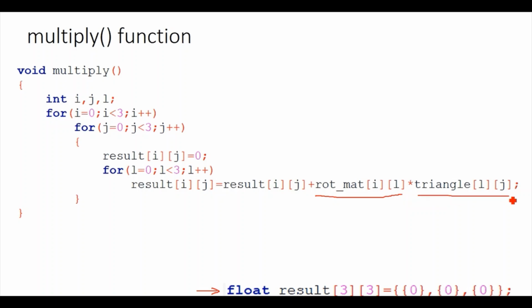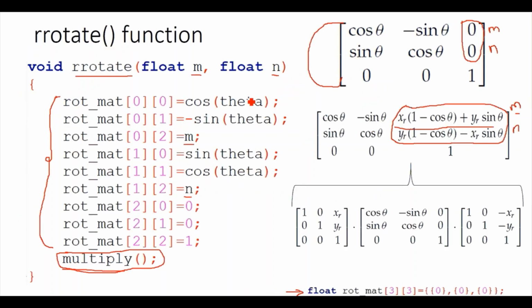So this is nothing but my R and this is my P. P is my object that I have taken. This P notation is with respect to our 2D rotation video, so if you have not seen it, you can go see it to get the idea of it. R is our rotation matrix with theta. You have initialized R in such a way that it will perform rotation around the origin or around the fixed point.